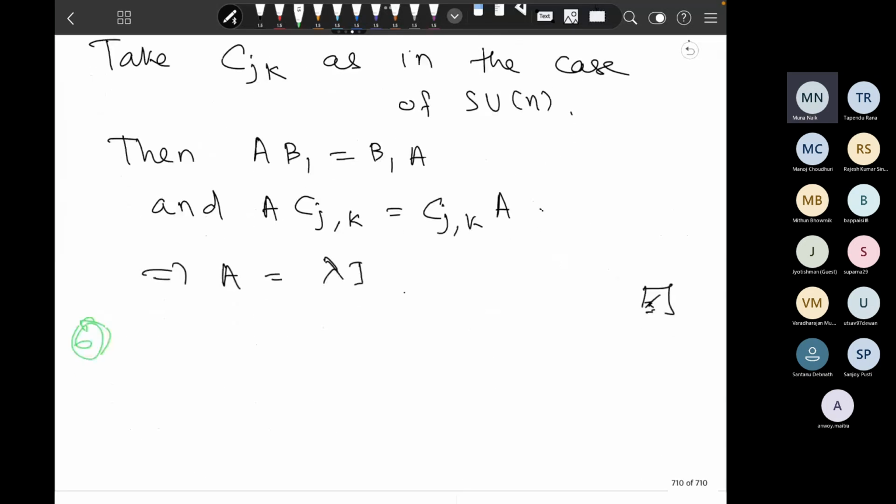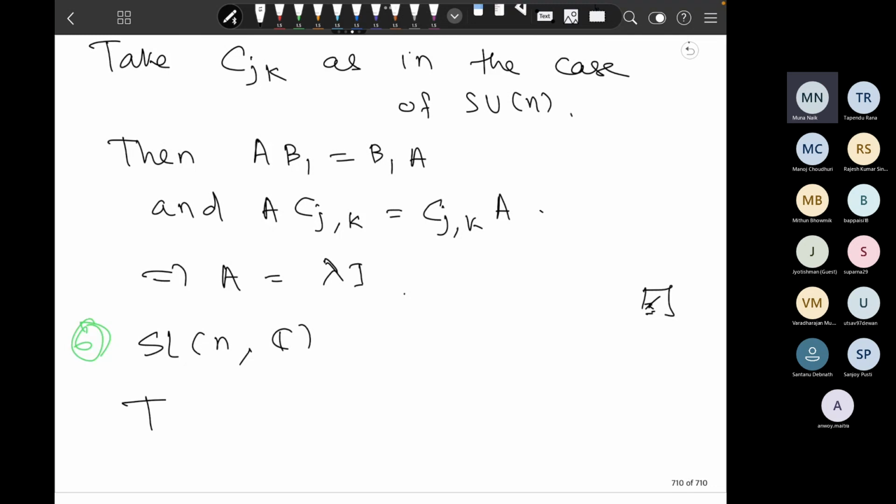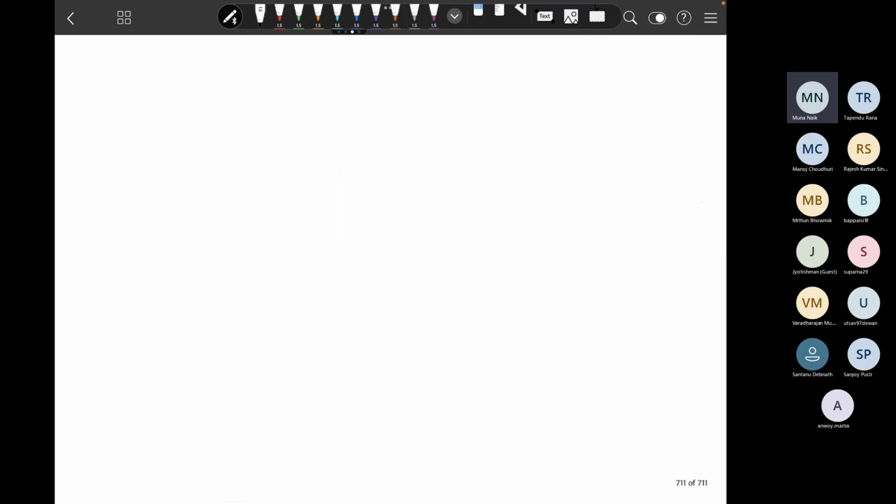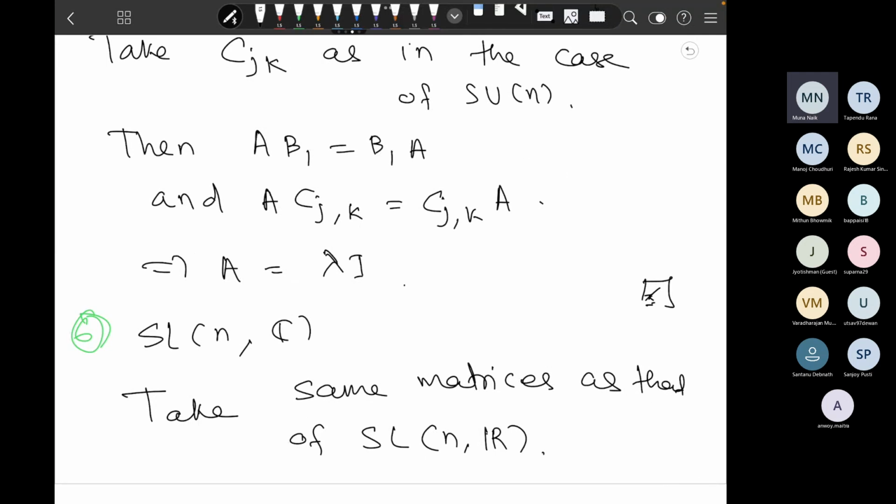Okay. So now for SLNC. Since SLNR sits inside SLNC, take the same matrices as that of SLNR. And here actually you will get that first A is equal to lambda I, then there is nothing to prove.